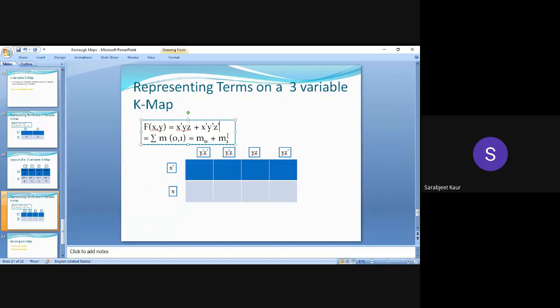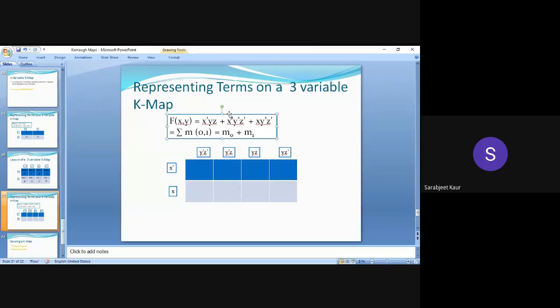So suppose I had this expression f(x,y,z) is equal to x dash y dash z, or x dash y dash z dash, or x y dash z dash. Suppose I have to represent this expression, then how will I represent it?